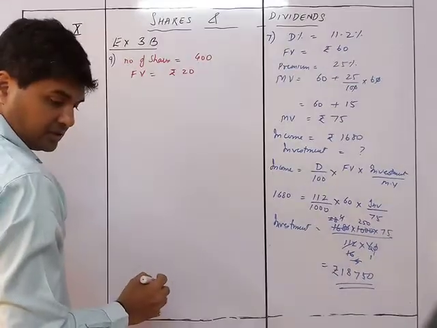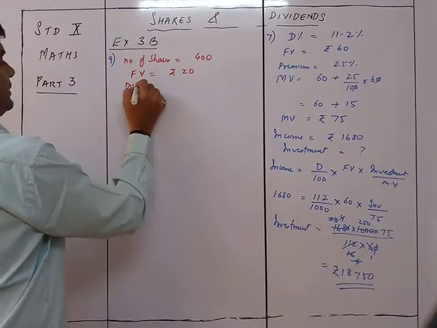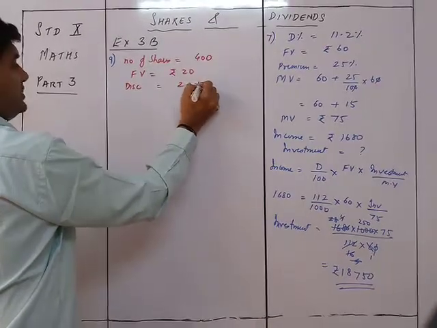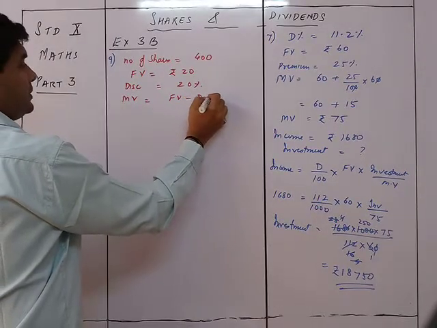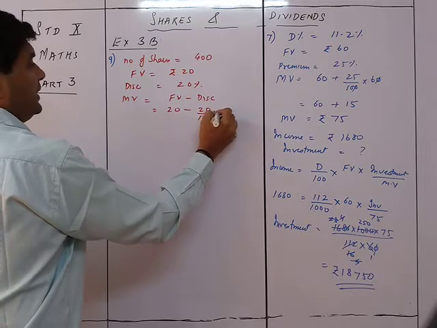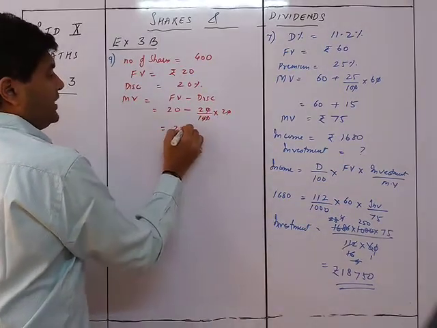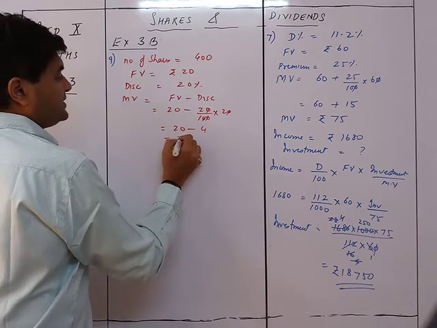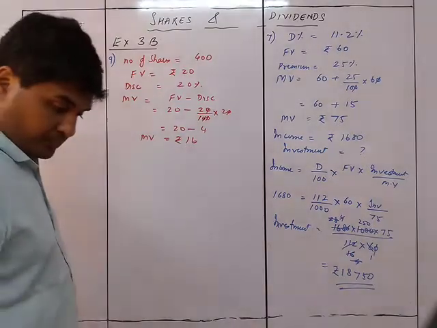The next is at a discount of 20%, so discount is equal to 20%, so MV will be equal to FV minus discount, 20 minus 20 upon 100 into 20. So that will be 20 minus 4, rupees 16. So MV is going to be 16.